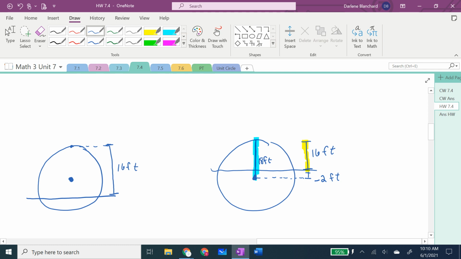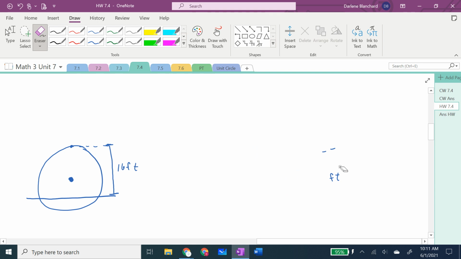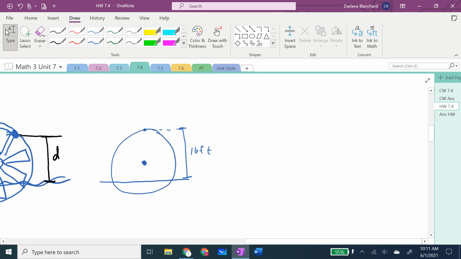Thank you. It was pointed out to me 18's diameter, not radius. Okay. Read the problem, teacher. Read the problem. Diameter is 18. That's this distance. And that means the lowest point is -2.